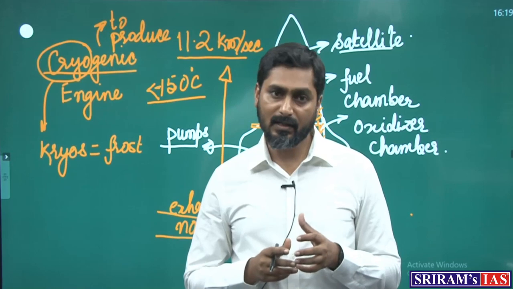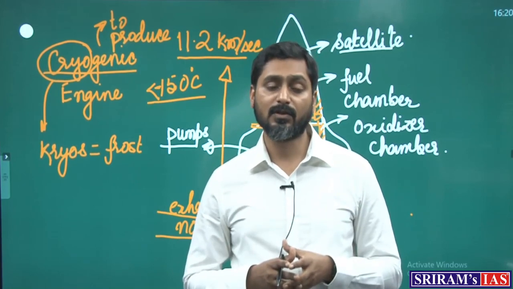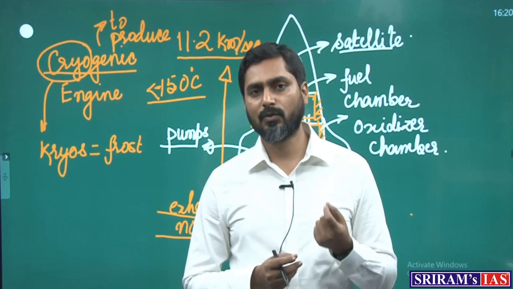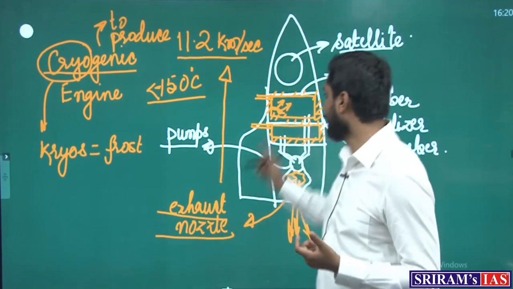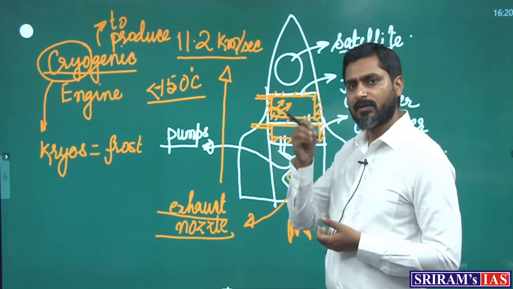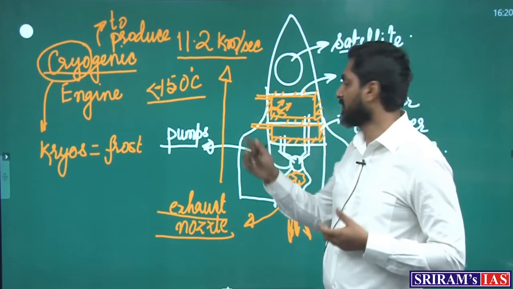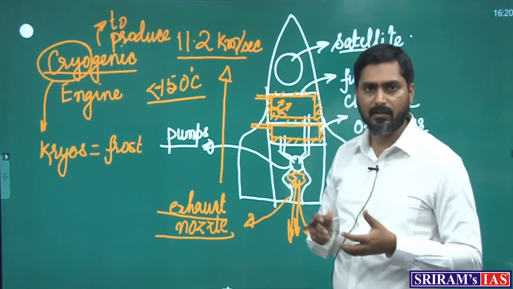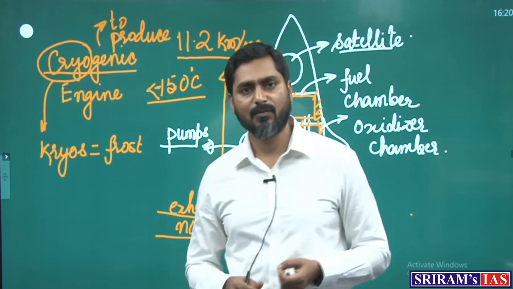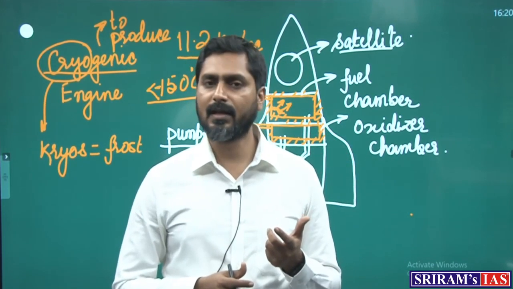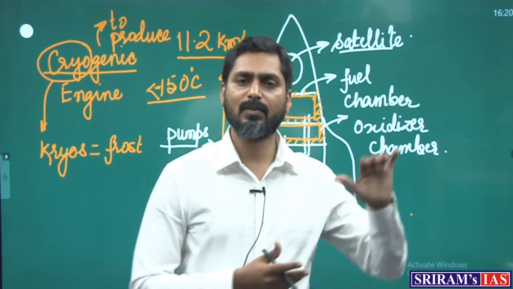If there is a drastic increase in pressure, the chambers could burst. So one mechanism to deal with this is to provide vents. Just as pressure cookers have a safety valve or vents to pass out the excess pressure, similarly we have vents so that the excess pressure inside these chambers can be passed out. This is how the rocket engine is designed, and this is how we have developed the cryogenic engine.